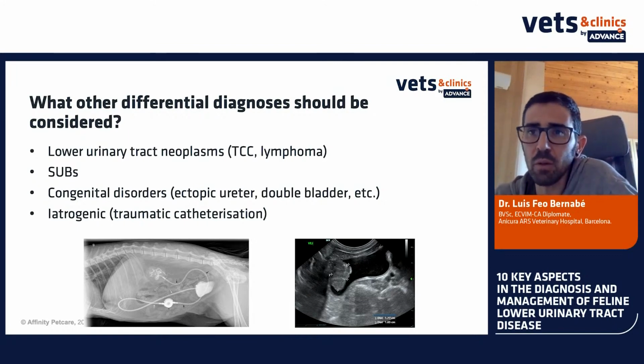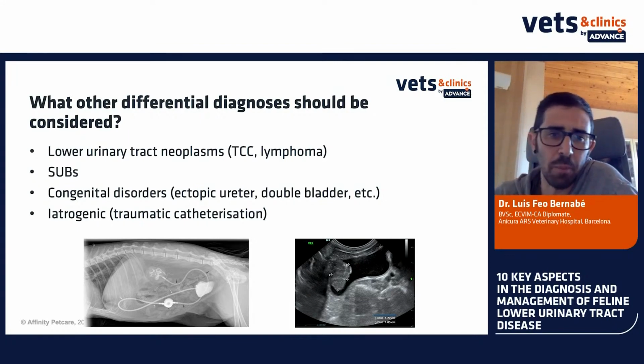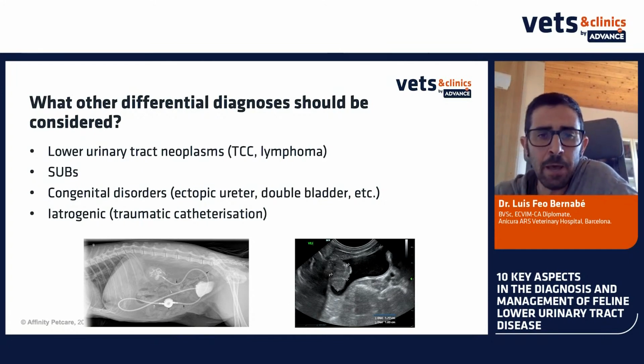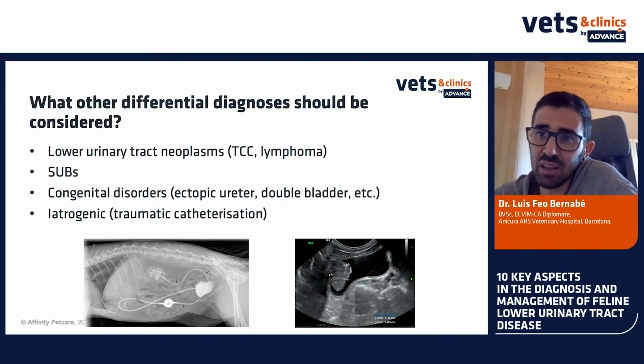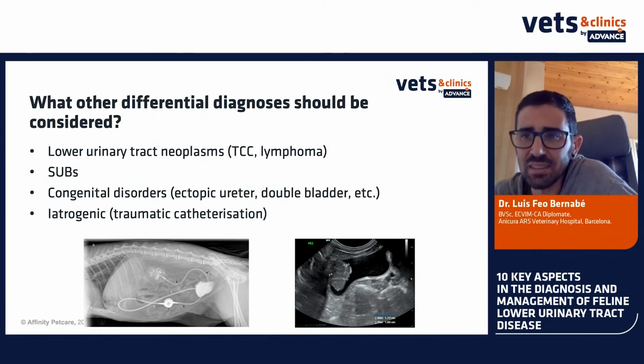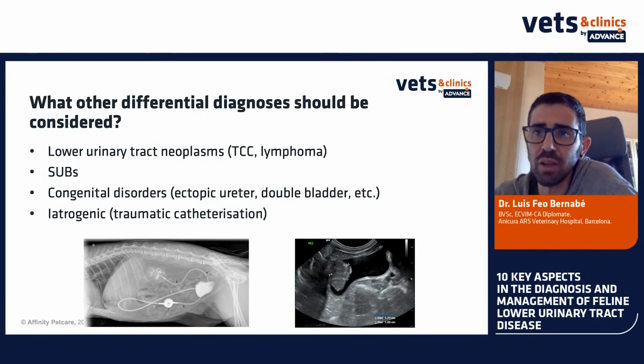Also, you have to remember that when you have a device like that you can see in the radiograph on your left, it's quite common to have lower urinary tract clinical signs like dysuria, hematuria, or periuria, that is, urinating outside the litter tray. So for sure, it's quite common in this situation.